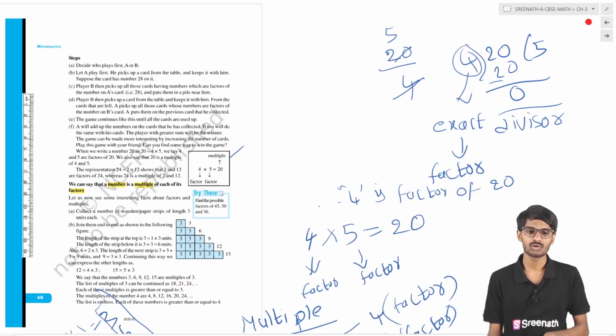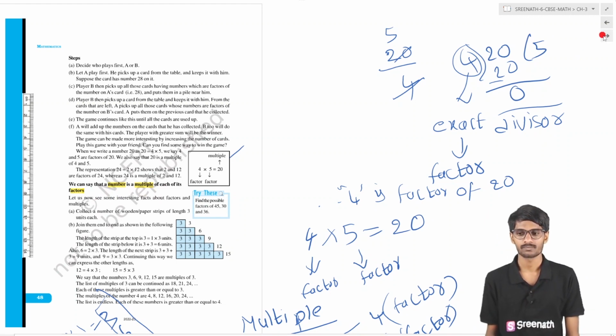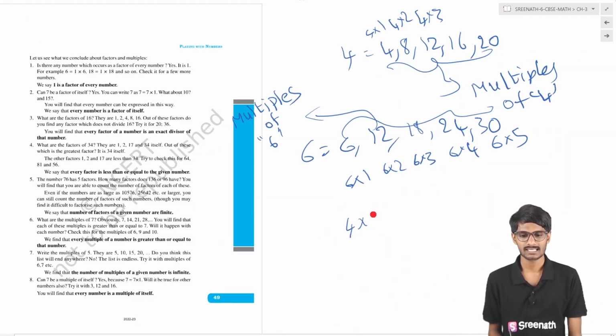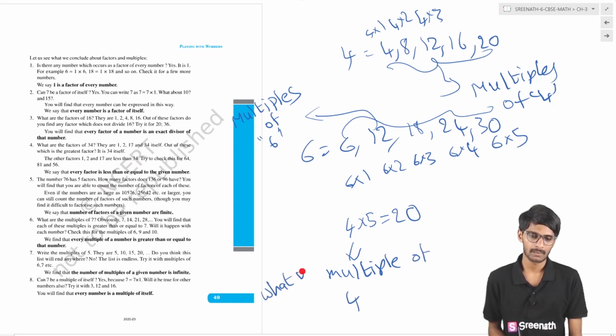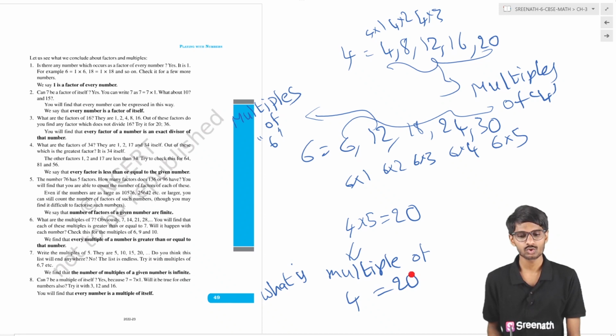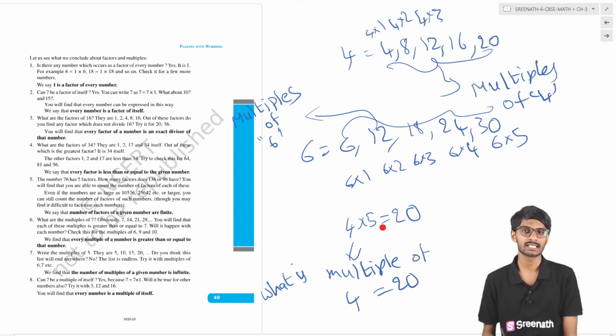And one more thing you have to remember is that a number is the multiple of each of its factors. So 4 5s are 20. What is the multiple of 4? Then the answer is 20. Why? Because if you multiply 4 with 5 you get 20.